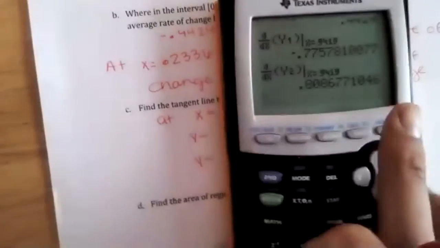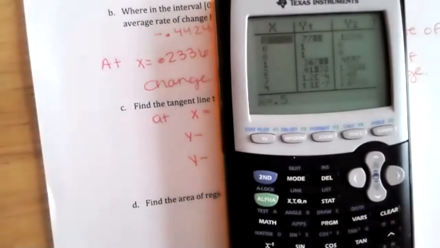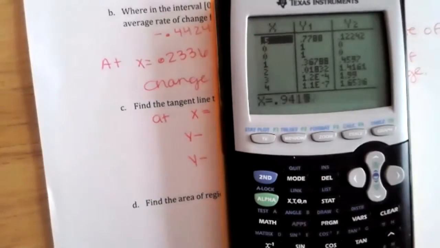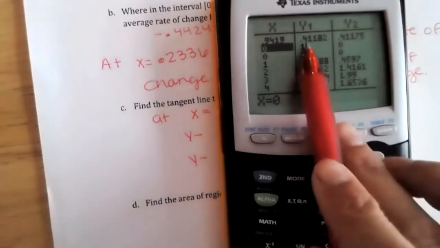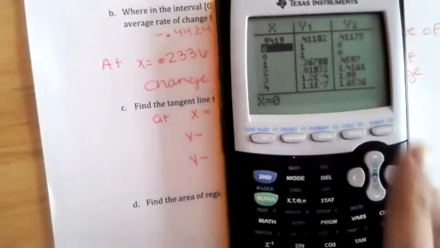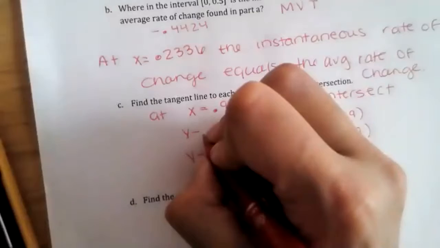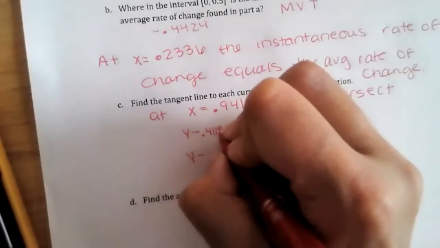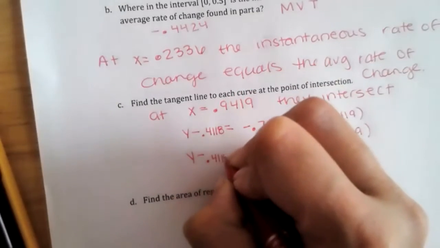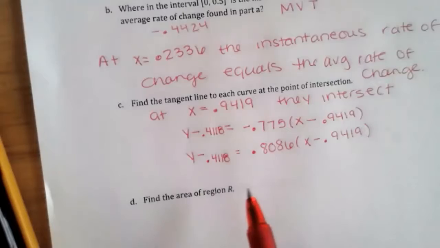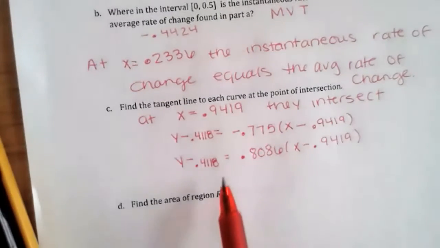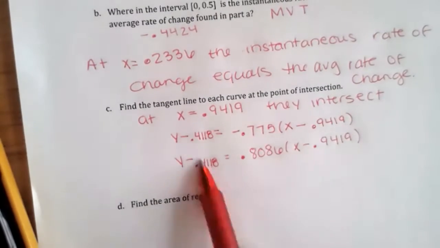And then to get my y values, I'm going to go second table, 0.9419, and I get 0.4118. And again, I'm finding their tangent lines at the point of intersection, so it makes sense that the y1 and x1 for each match.